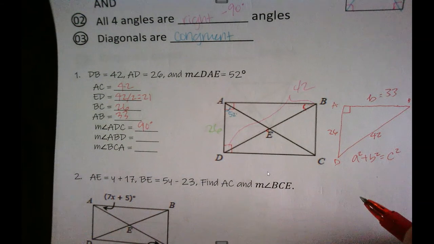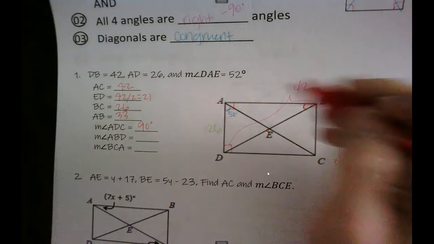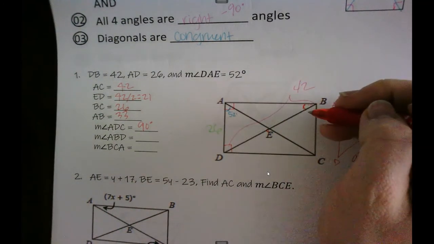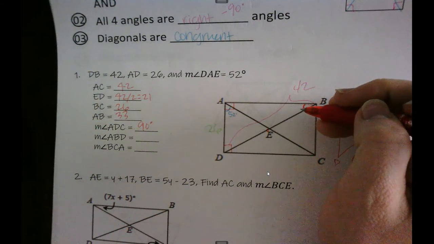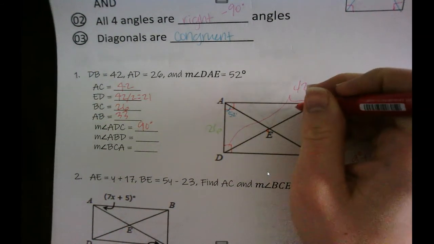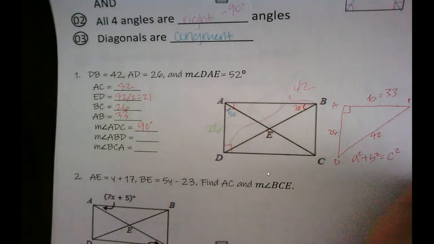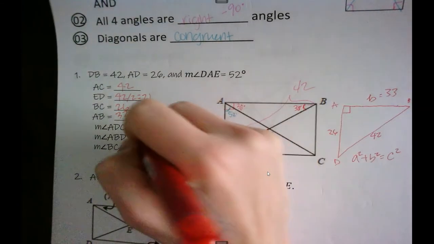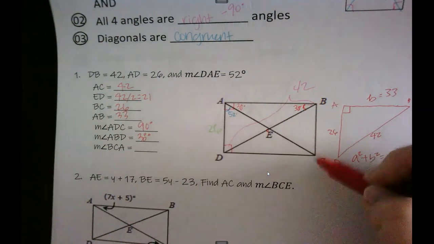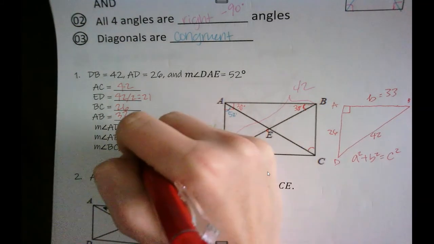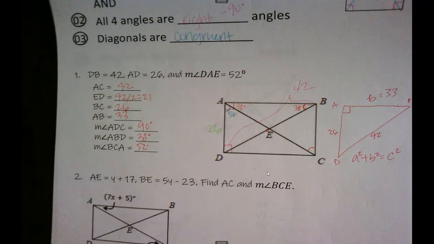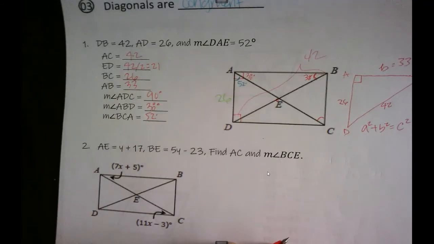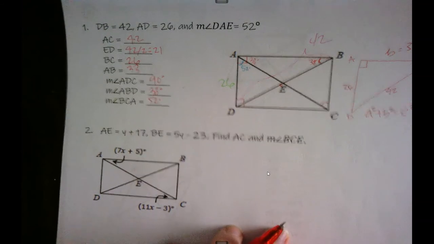And if we do our angles, then this is going to be 38, because this is 38 here if we take 90 minus 52. And BCA, this one right here, will be 52, because of our alternate interior angles.